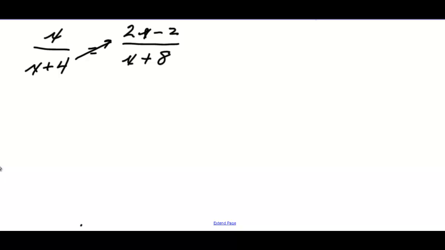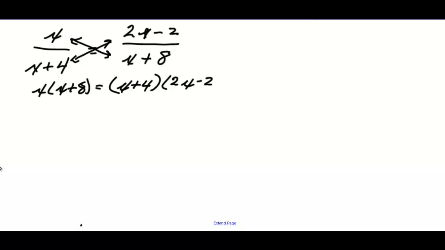Now when I cross multiply, this is going to get to be interesting, because now I have x times x plus 8 is equal to x plus 4 times 2x minus 2. So what we're going to end up with is x squared plus 8x equals 2x squared plus 6x minus 8.